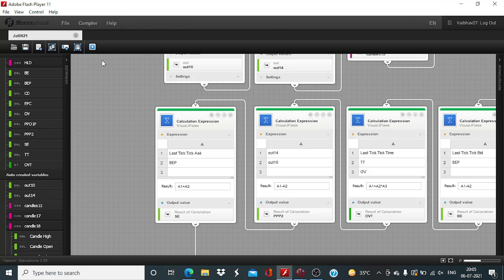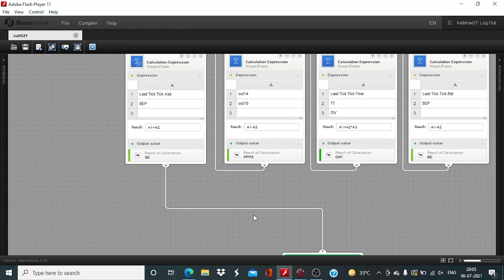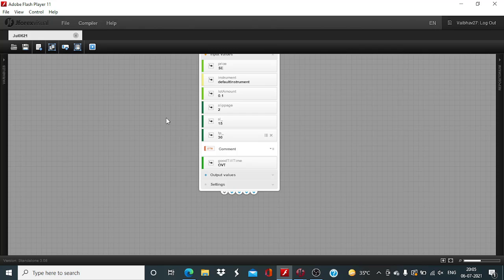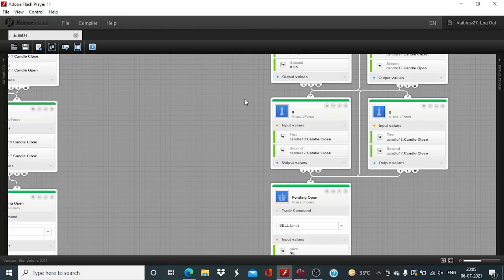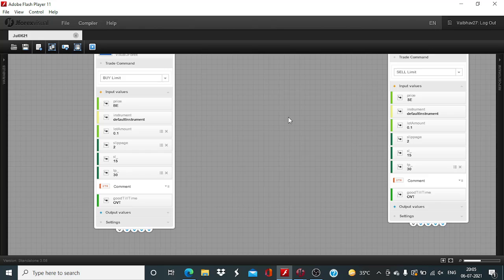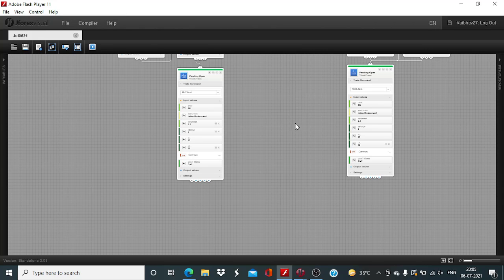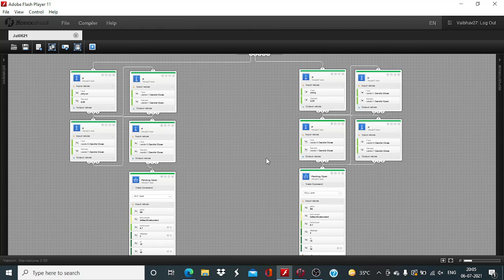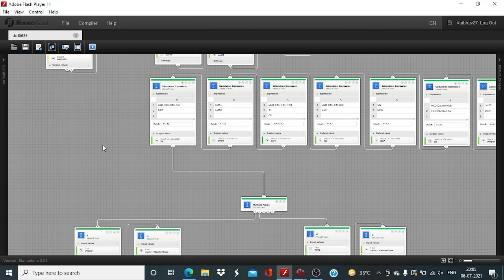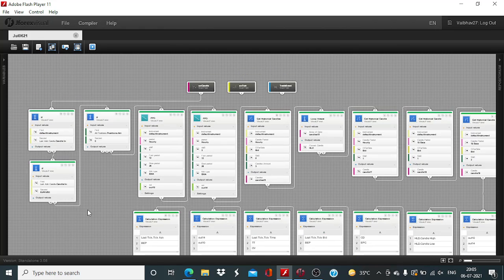Yes. So with this our setup is complete, and the algorithm is quite symmetric. We have the same number of if blocks, and after that this trade command block with pretty much similar input values.